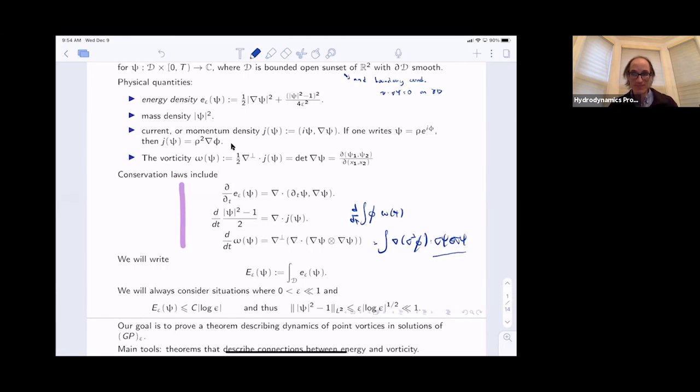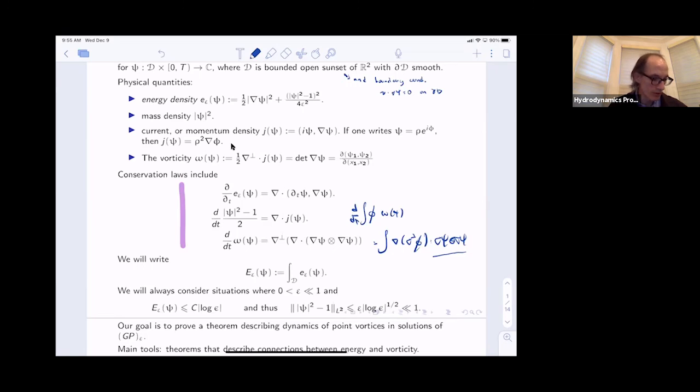For example, the gradient diverges like log epsilon, but the divergent part is concentrated around the vortices. Away from the vortices, the energy is uniformly bounded. If I'm a distance r away from the vortices, the energy scales like 1 over r maybe.